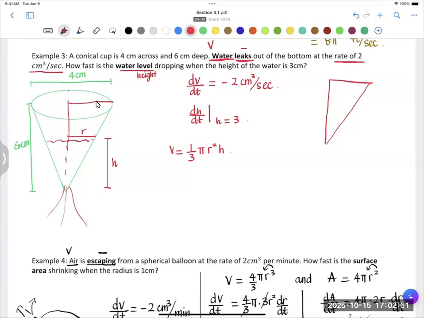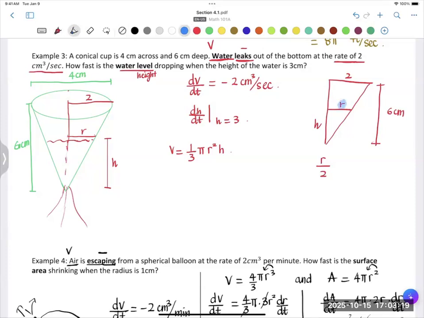Then half of this is going to be 2. And my radius is at any point, and this is going to be my h. The whole height will be 6 centimeters. Because the smaller triangle is similar to the big triangle, we can use the proportion of similar triangles: the radius over 2 is the same as the ratio of the height over the height, 6.